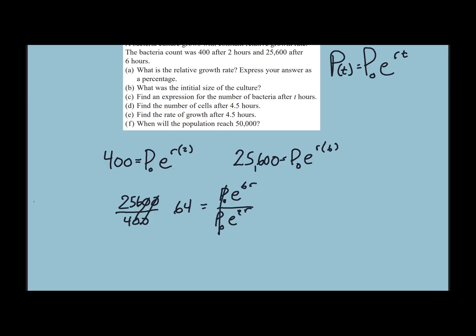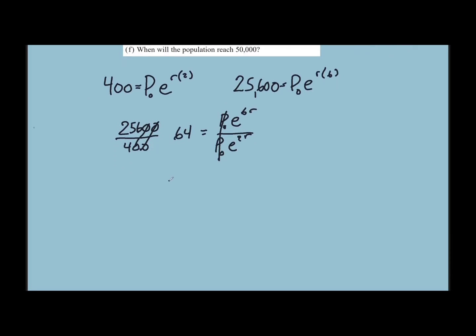That means the P naughts cancel. So we could say 64 equals e to the 6r times e to the negative 2r. See, I brought it up from the denominator.